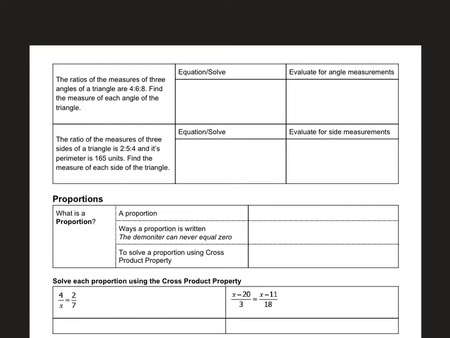Since we're talking about angles, that's really important because that's telling us we're looking at degrees, which is 180. So when we set up our equation, we're going to be using this ratio, but because they're all divisible by a common number, we're going to set it up as 4x plus 6x plus 8x, because we multiply them all back by the same number, and set it equal to 180.